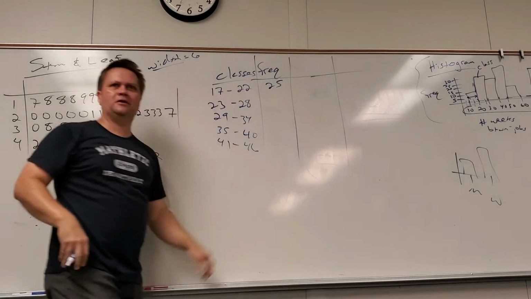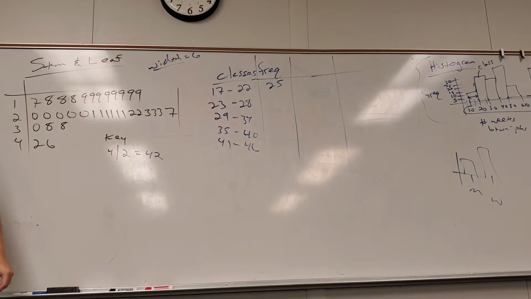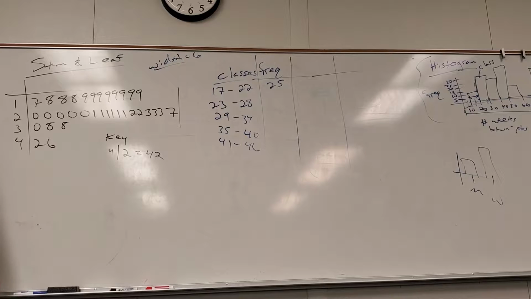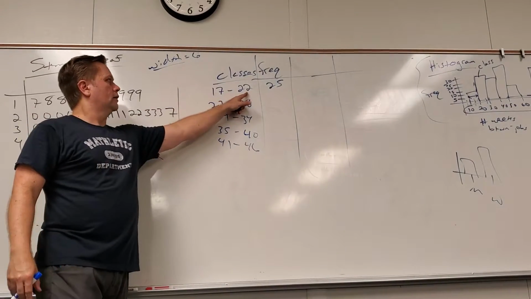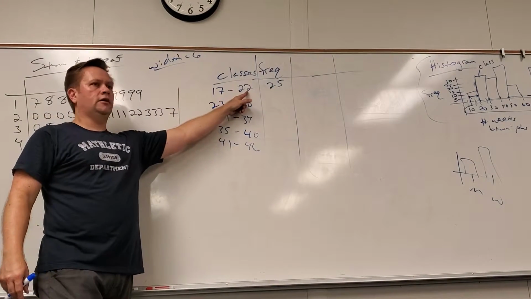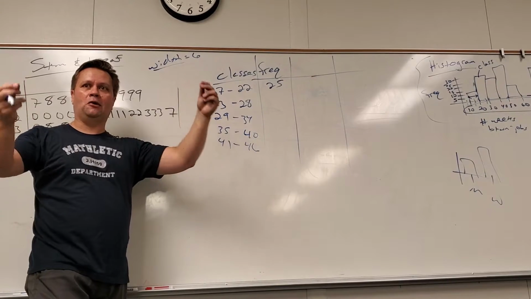Did you already tell me 25? I just didn't trust you. You guys with me? That's all the frequency is. That's why we call it the frequency. It's how often a data point showed up in that class. And now you see why we have to go down one here, so that 23 has a definite home, right?